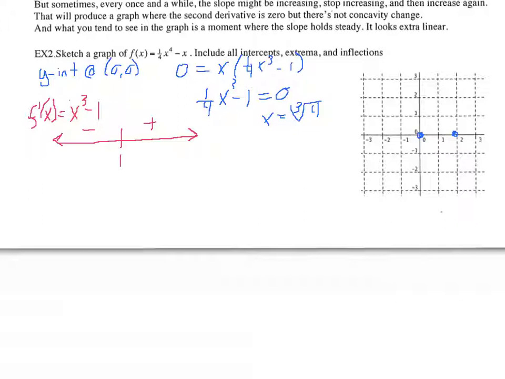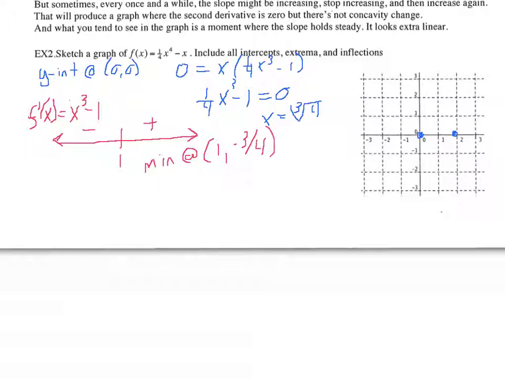So the slope is going down approaching 1, and then it goes back up after 1. What we've just found is a minimum. The minimum is going to be at 1, comma, and then we plug the 1 back up here into our original equation. 1 to the 4th is 1, 1/4 of 1 is a fourth, minus 1, and this gives us negative 3/4.